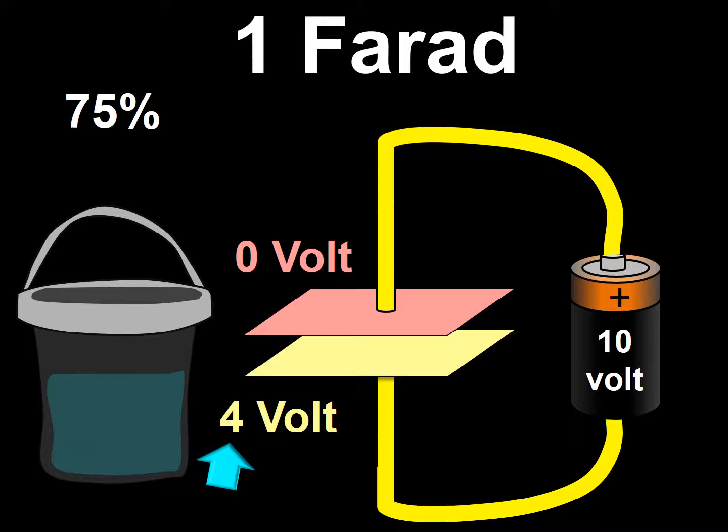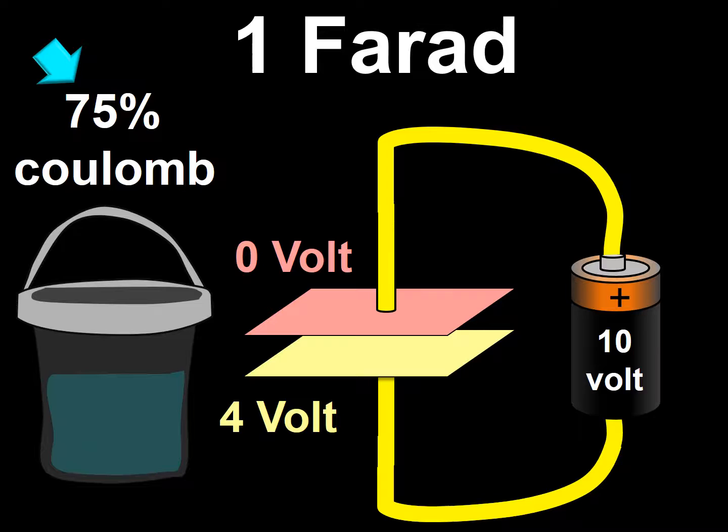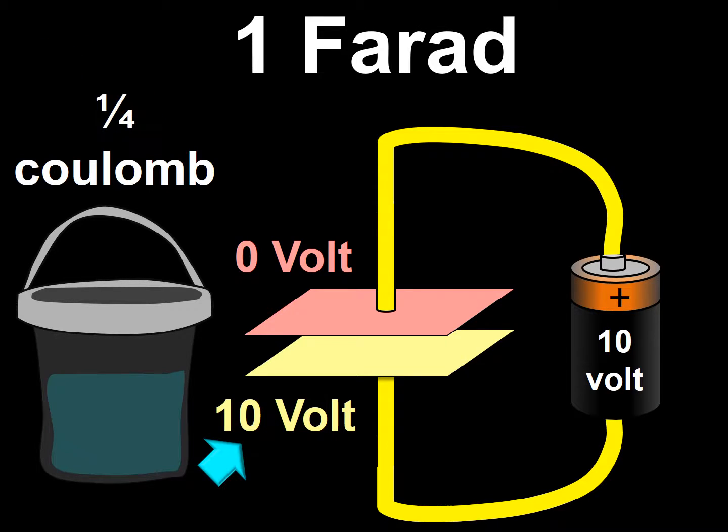By the time the voltage between the lower and the upper plate is 4 volts, about 75% of the total amount of electrons will have gone into the lower plate. During the time the other 6 volts go in, only 25% of the coulombs are stored in the capacitor.